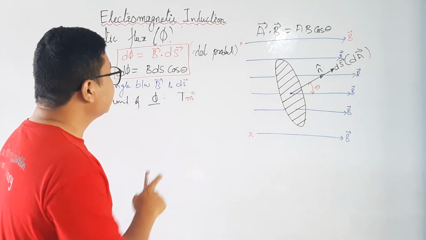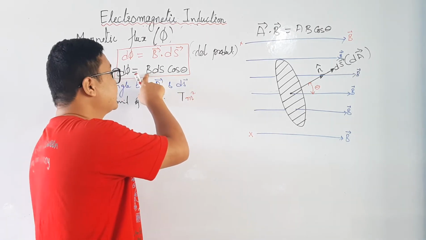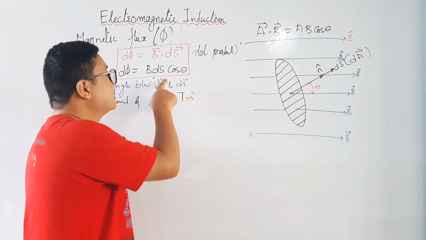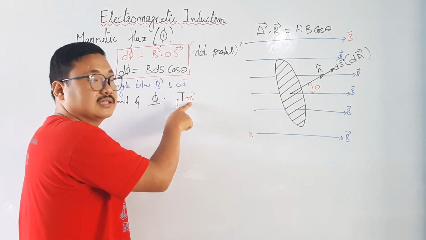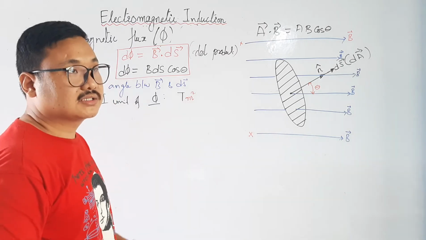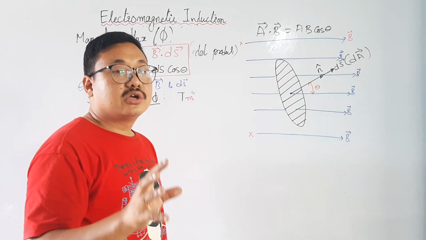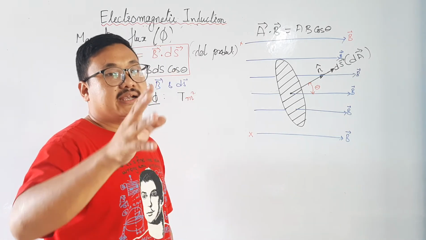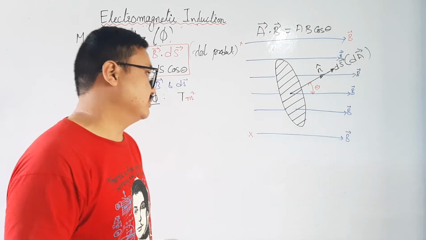So we can also do it from this equation: magnetic field has SI unit Tesla, ds has SI unit meter square. What is cos theta? Cos theta is a ratio, which is a number, and a number does not have any unit.